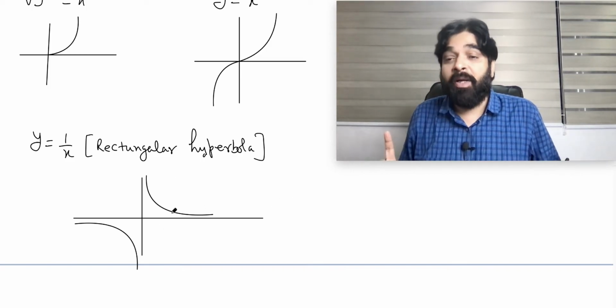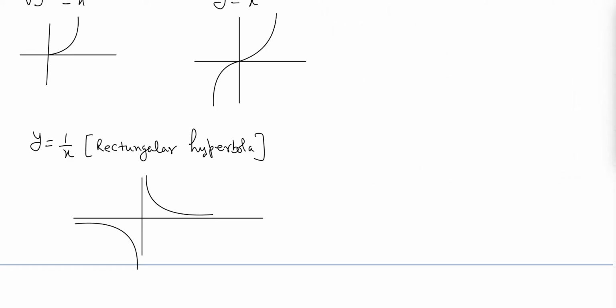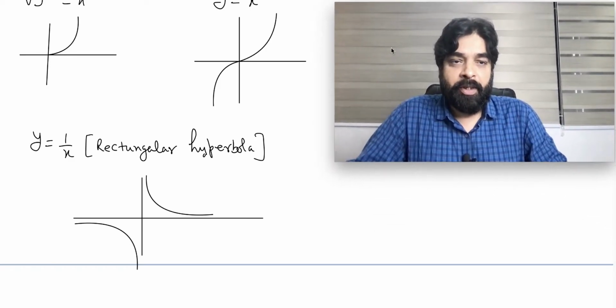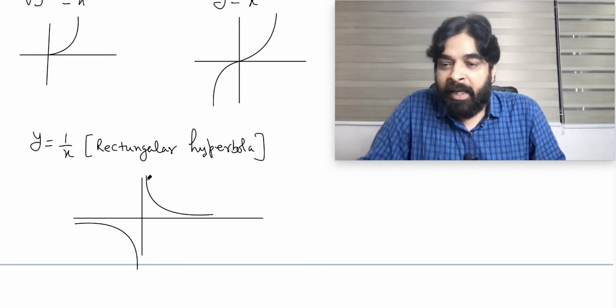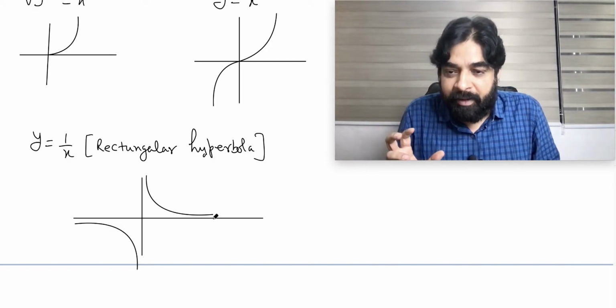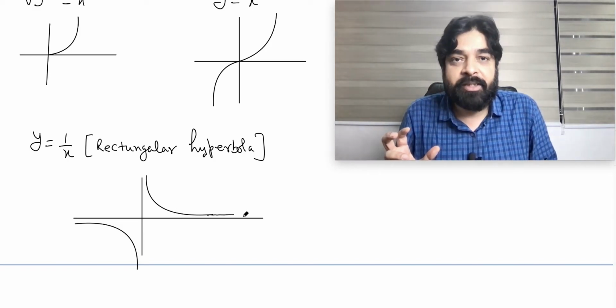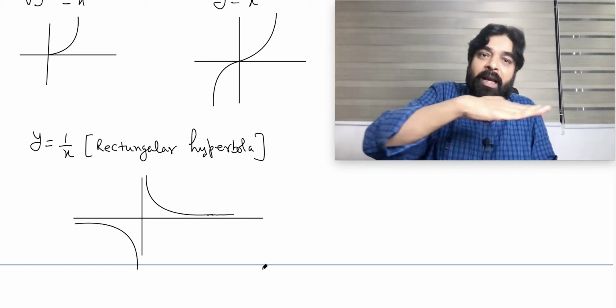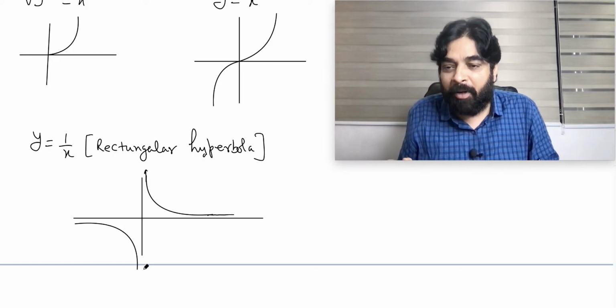Okay. Now one important point here. If you look at this graph, it never touches or intersects the x-axis. It will try to overlap on the x-axis. This also tries to overlap on the x-axis.